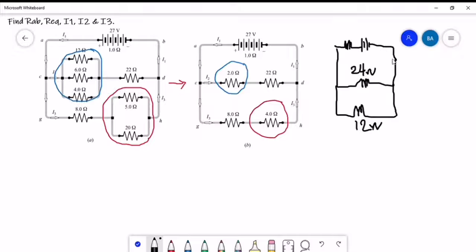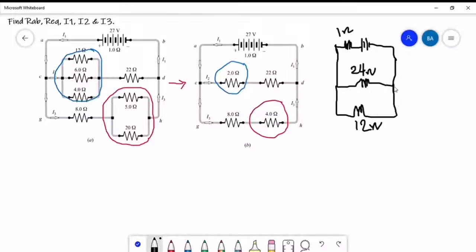Here, this is our 1 ohm. Let's say that this is the internal resistance of our power source. So we have already combined the total resistance for this circuit and for this circuit also.